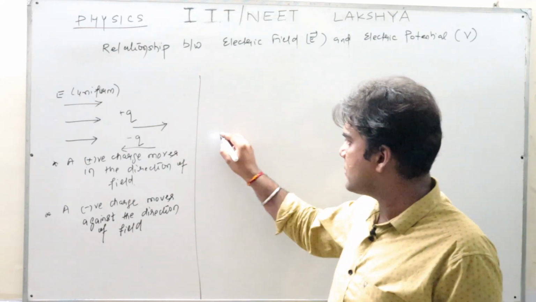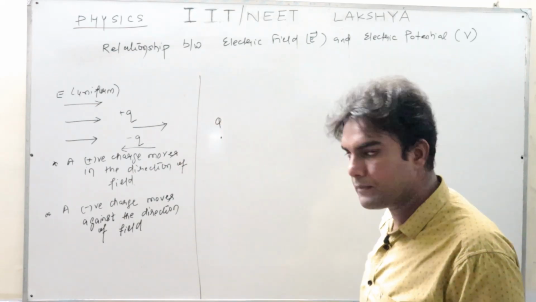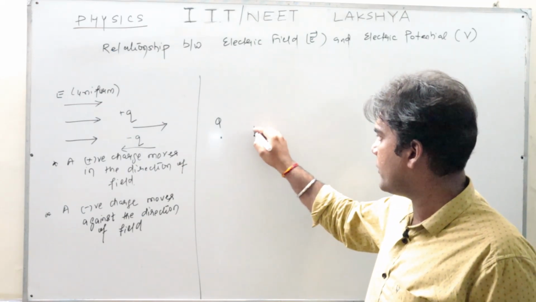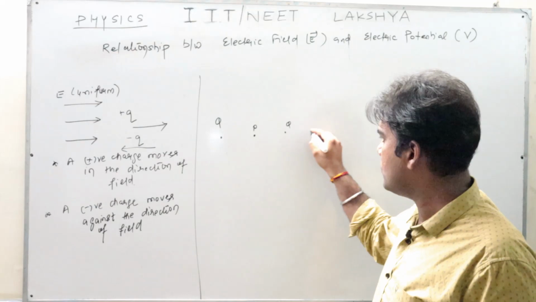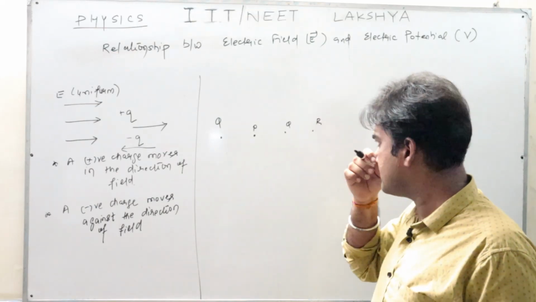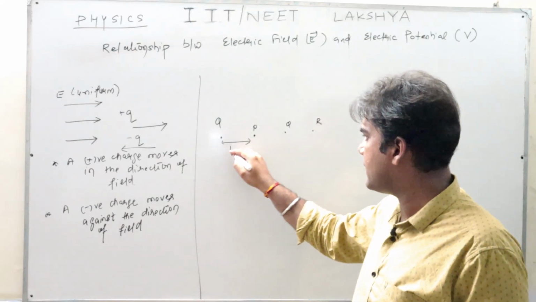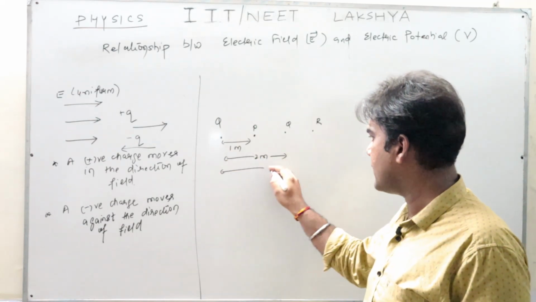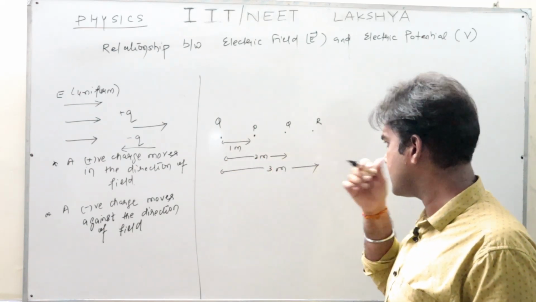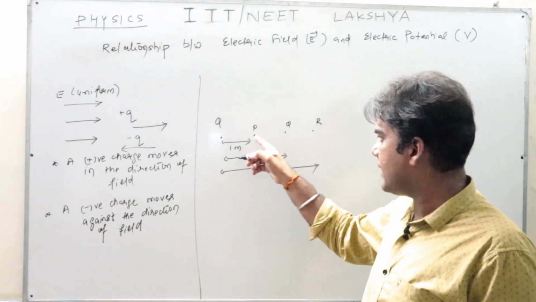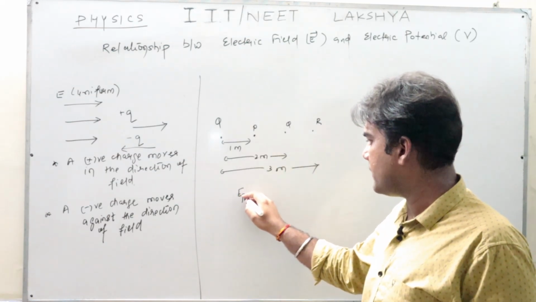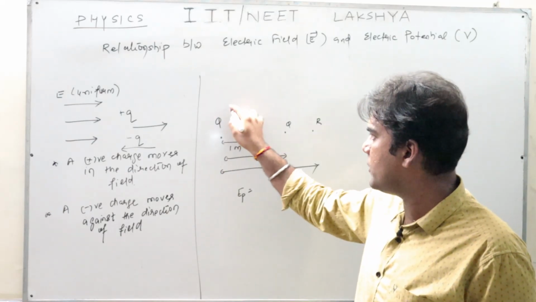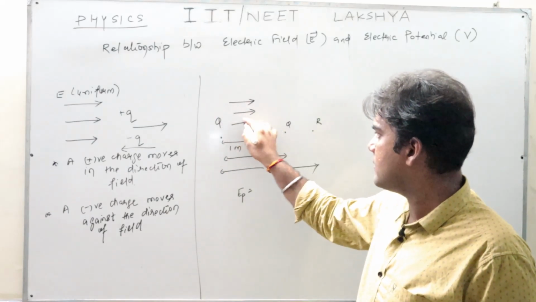Apart from this, suppose a charge Q is there, and let us say I am writing three points: point P, point Q, point R. Let us say this is 1 meter, this is 2 meters, and point R is 3 meters. So here if I have to write the electric field at point P, due to the positive charge the electric field will be in this direction.